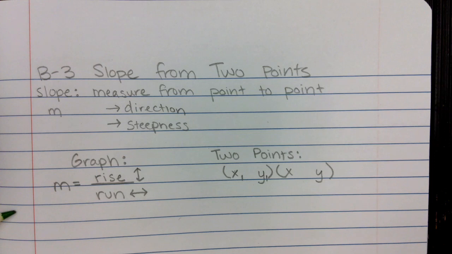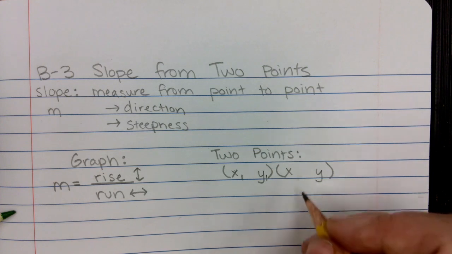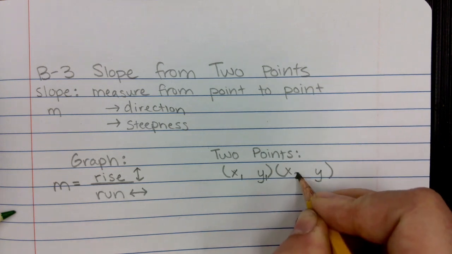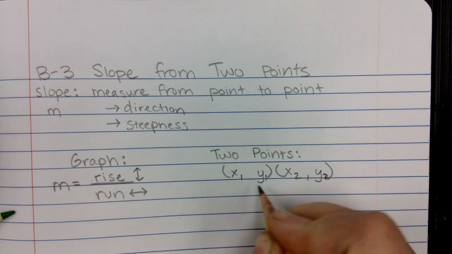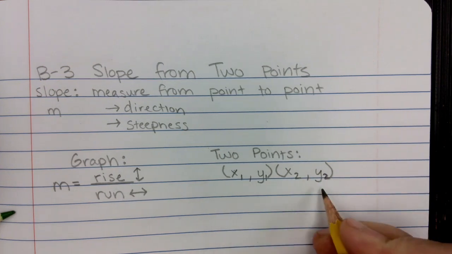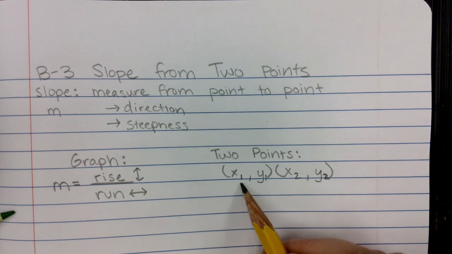X2, Y2. Now, I as a math teacher say X1, Y1, X2, Y2. But you might have some teachers who use the word sub for subscript, so they might say X sub 1, Y sub 1. It's the same thing. Okay, but here our M is equal to, and we're going to have a fraction still.